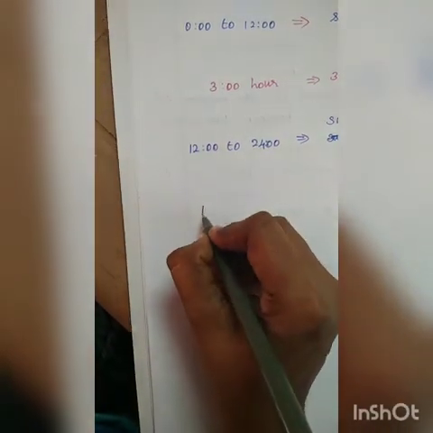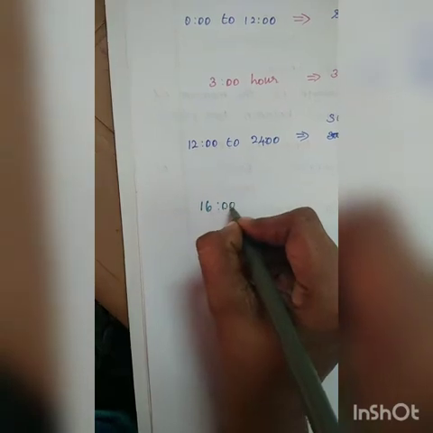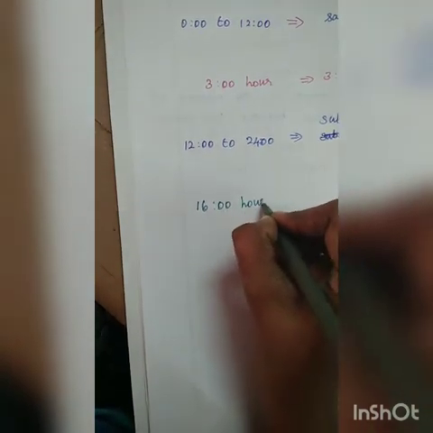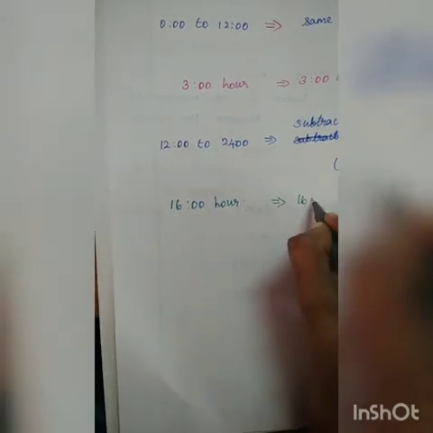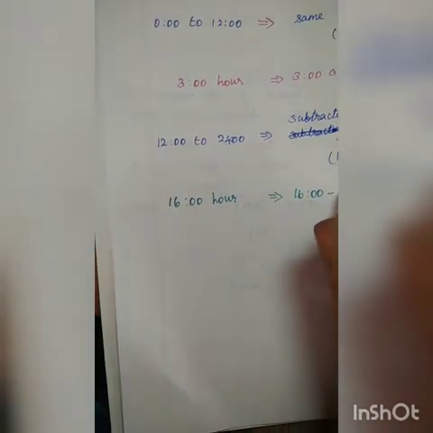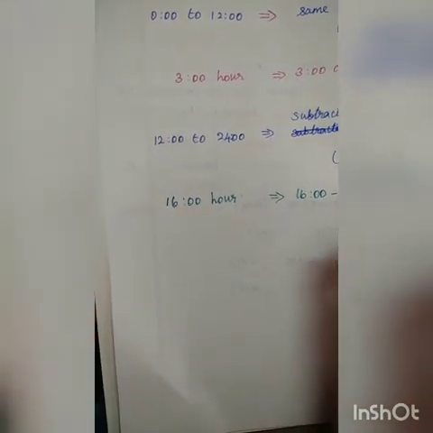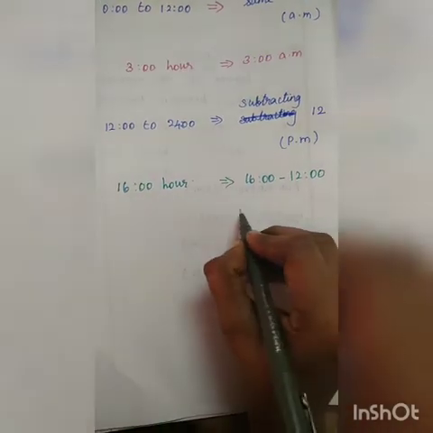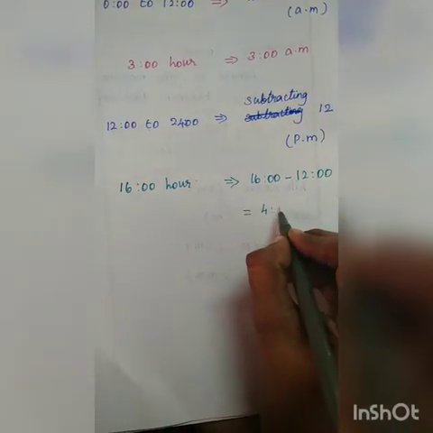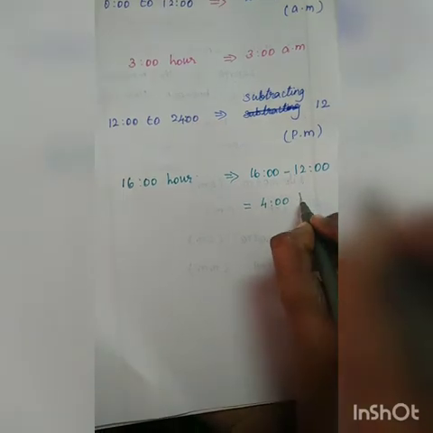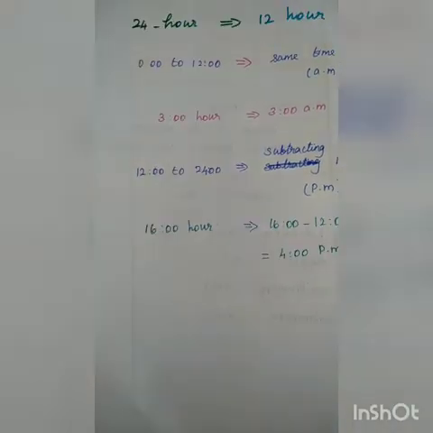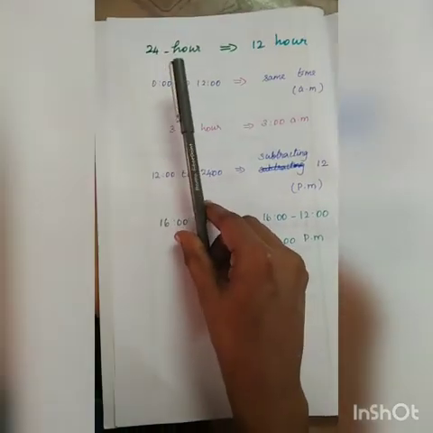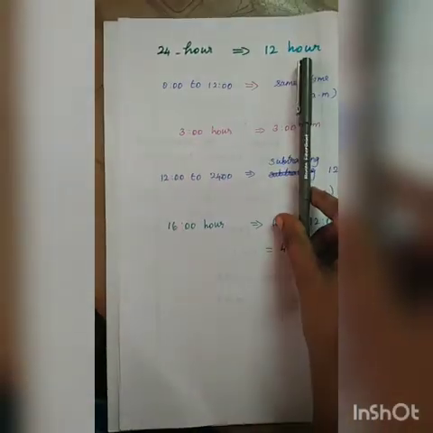For example, 16 hours. Then you convert to 12-hour clock. 16 minus 12 is 4 p.m.